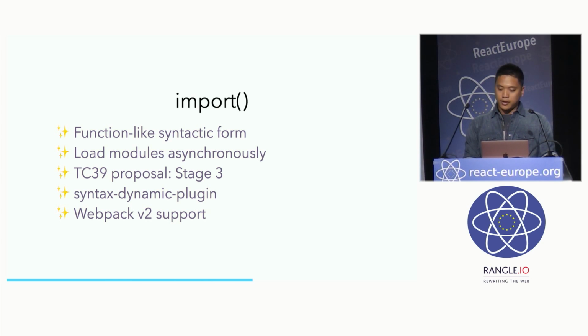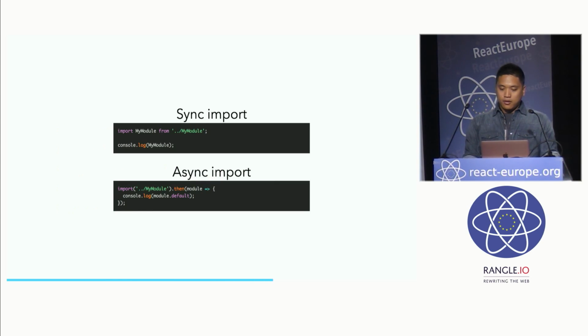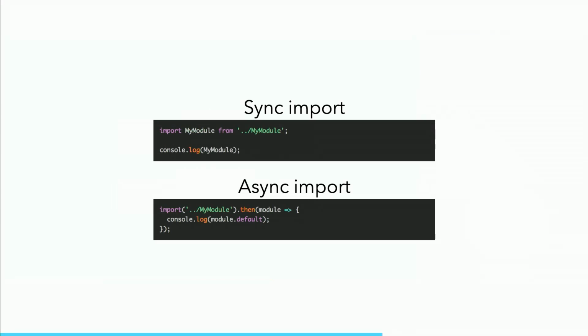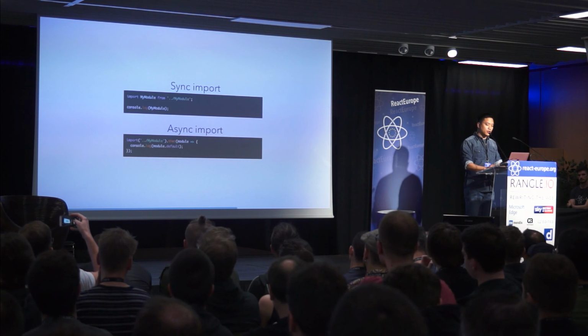And Webpack version 2 supports the same syntax. So instead of import my module from the path to my module, you would call import like a function and pass the path to the module. As a result, you get your module.